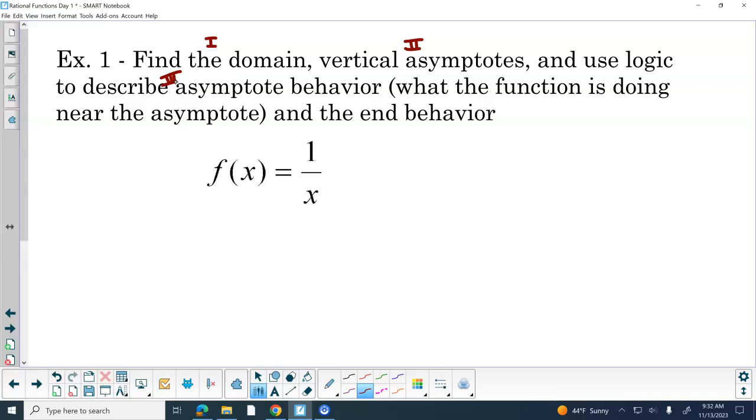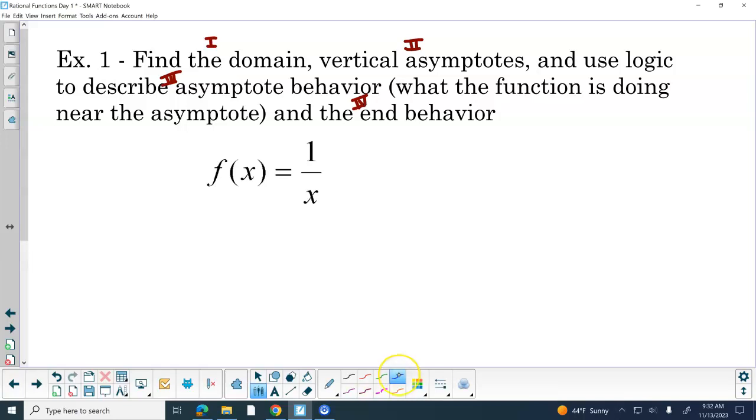And the fourth thing is we've got to give the end behavior of this graph. Just when you thought we were done with end behavior, I bring it back more. Okay? So let's start with number one, find the domain.